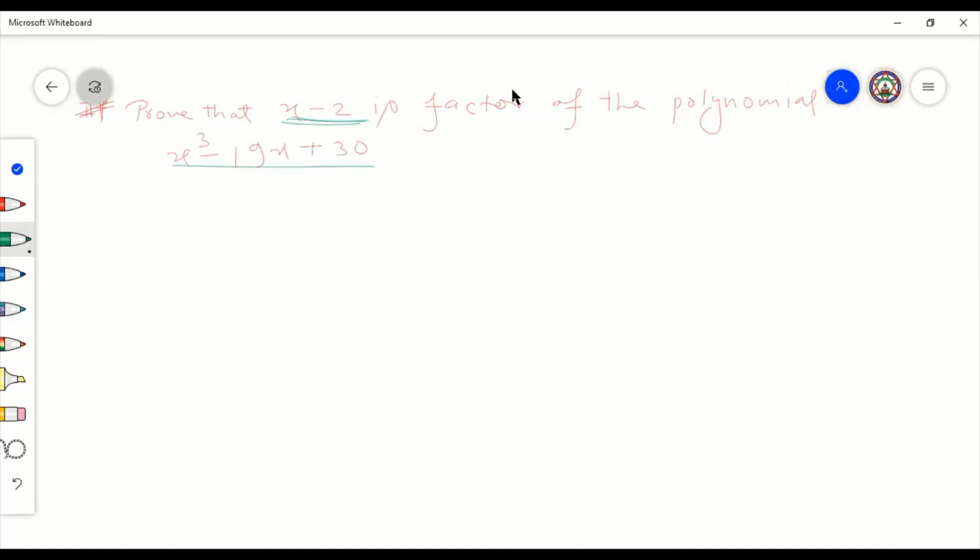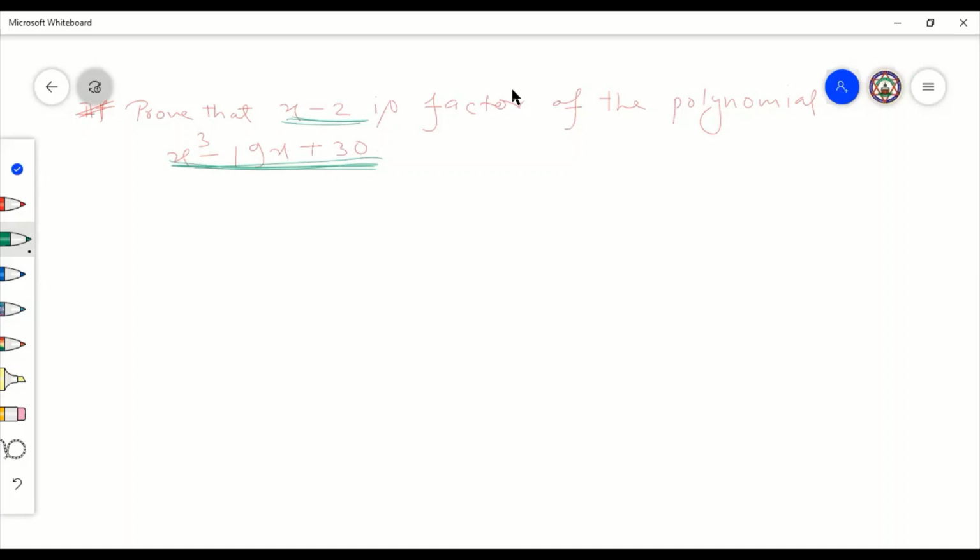So before that, in this polynomial, it is not mentioned that there is any naming over here, like f(x), g(x), or something else. So our main job in this part is, first, you must let this polynomial be f(x), g(x), anything, whatever you like.